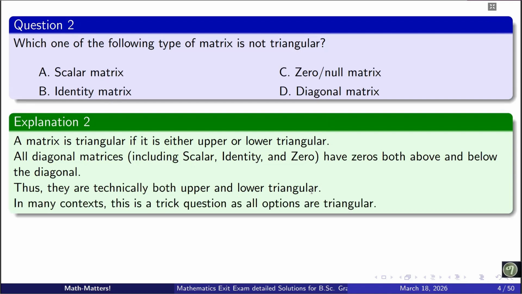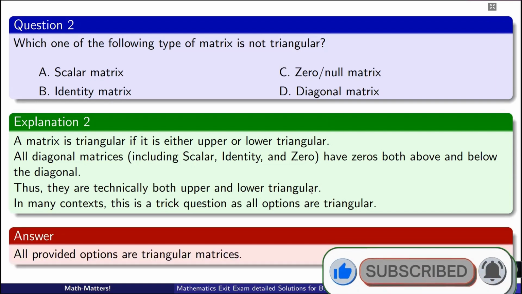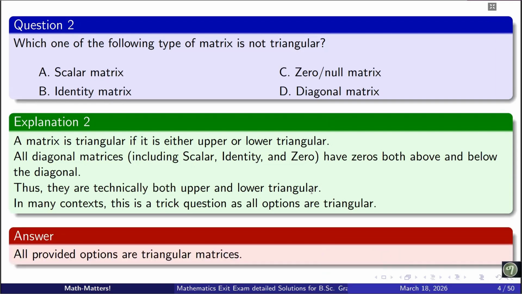So in this case, in many contexts, this is a trick question, as all options are triangular matrices. Therefore, the answer for this one could be all the provided options. That means it is a bonus. That means the scalar matrix by itself is a triangular matrix.